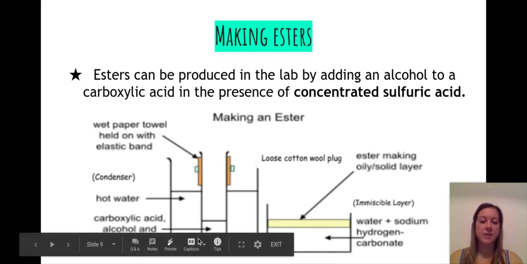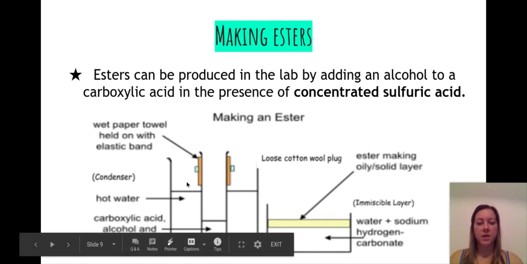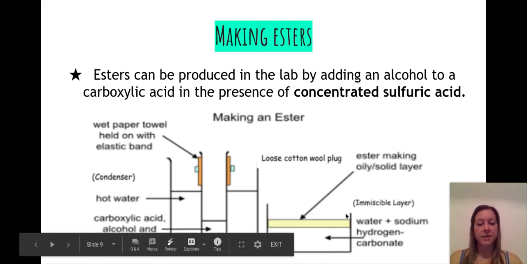You're then going to place this in a water bath. This is in the beaker of hot water. And then add in a loose cotton wool plug as well, just to stop any of the mixture coming out of the test tube. Then what you do is, once the reaction has finished, you add some sodium hydrogen carbonate, which just neutralises any leftover acid, and you mix this several times and end up with 2 different layers, as you can see in this diagram here.